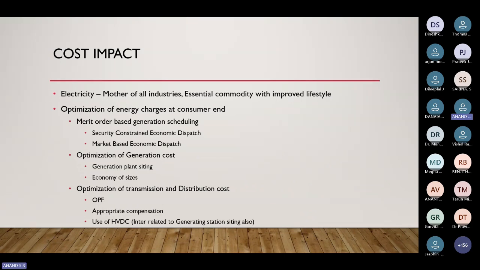So the controllability of the reactive power associated with the varying loading of the transmission system can be controlled to some extent by using a high voltage DC at comparatively lower voltage. When we are thinking about high voltage DC, we will always be thinking about 500 kV HVDC or 800 kV HVDC, or with the VSC technology, it could be something around 320 kV HVDC.